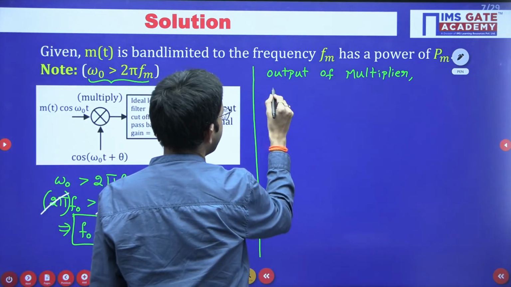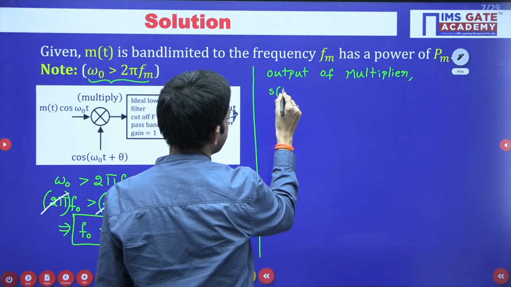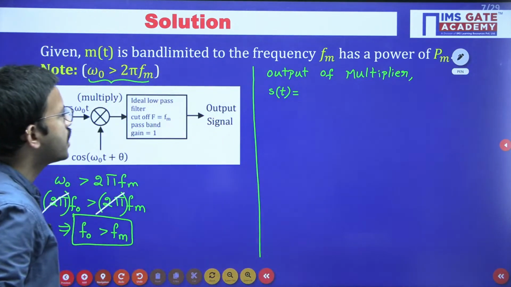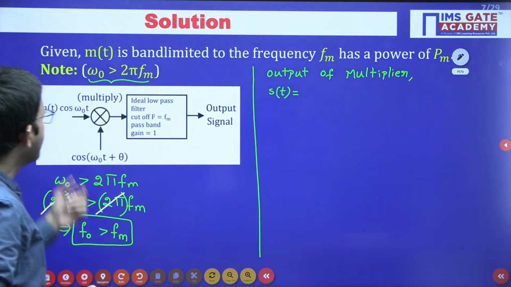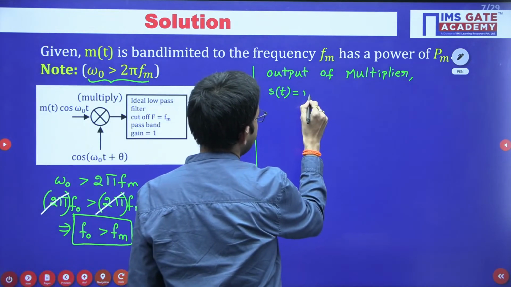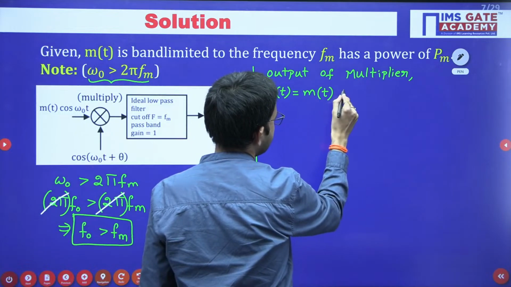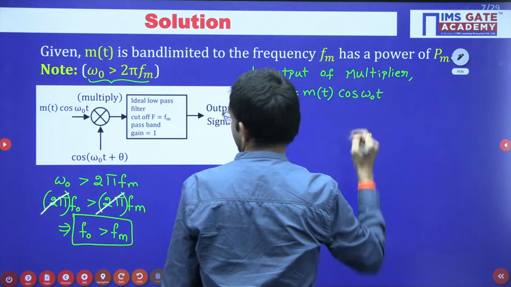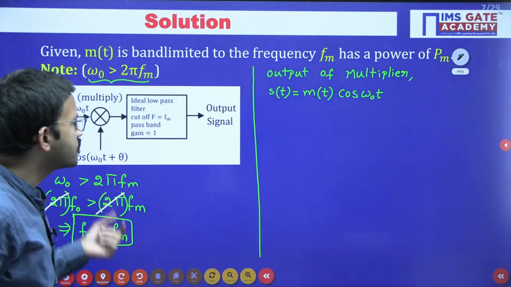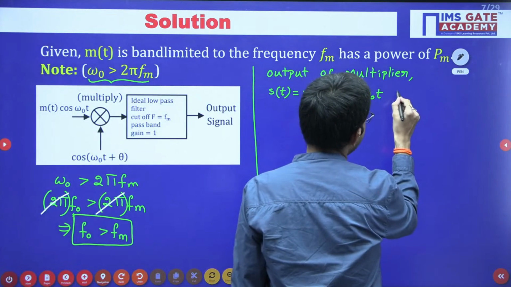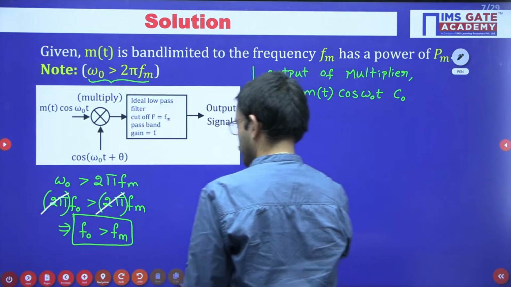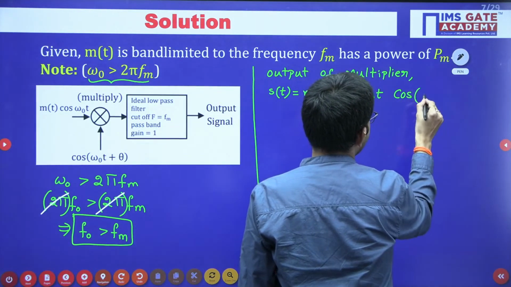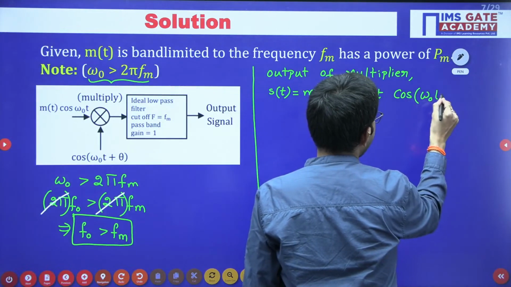For the time being I am representing the output of the multiplier as S of t. Here m of t into cos omega naught t is one input, whereas the other input is cos omega naught t plus theta.